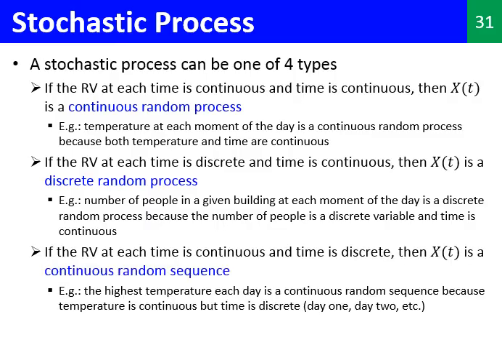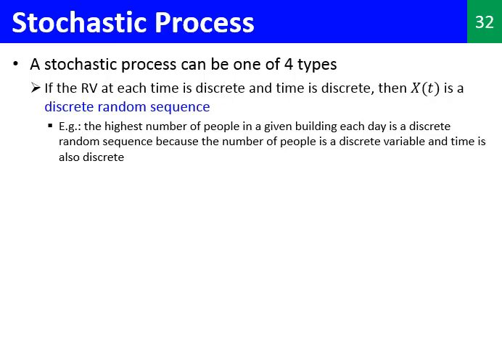We also have continuous random sequences. So in that, the random variable is continuous, but we are taking time in a discrete manner. For example, the highest temperature each day is continuous, but since we are counting each day, it's going to be discrete in the time sense. The final type is the discrete random sequences.